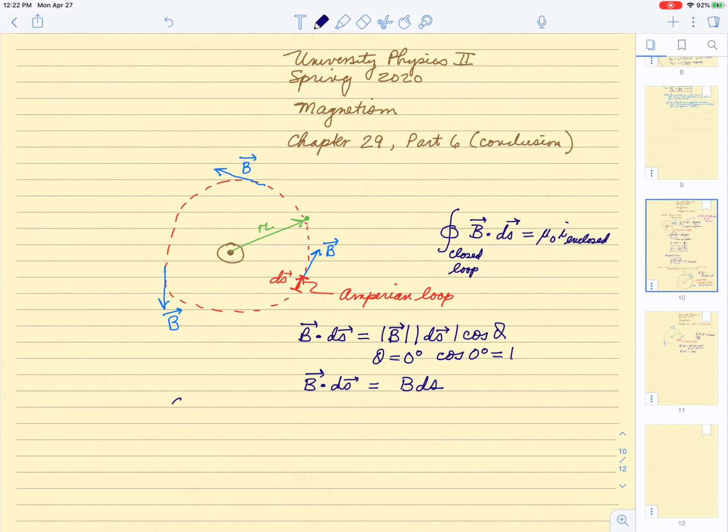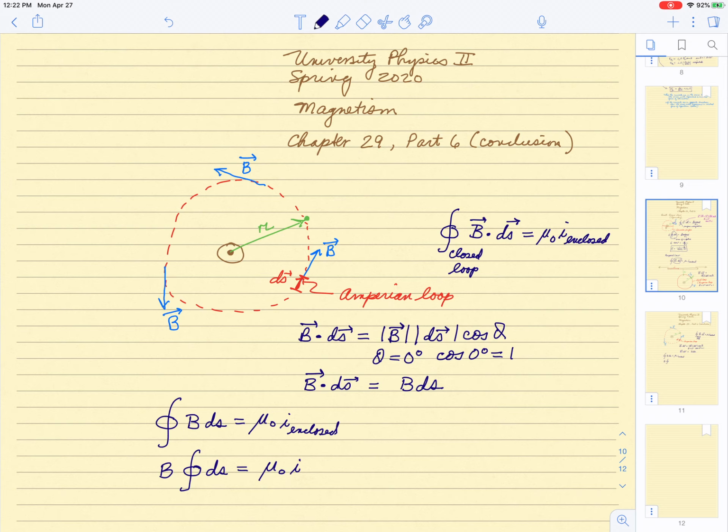So Ampere's law then looks like this. This is the integral around the closed loop of B ds, equal to mu naught times I enclosed. B is constant in magnitude as we go around this loop at radius r, so B comes out of the integrand.